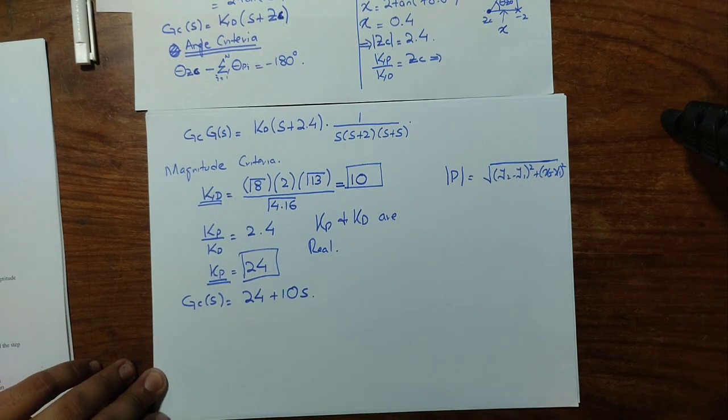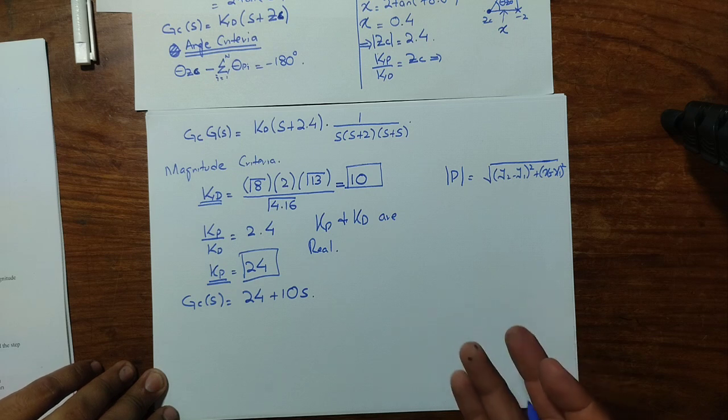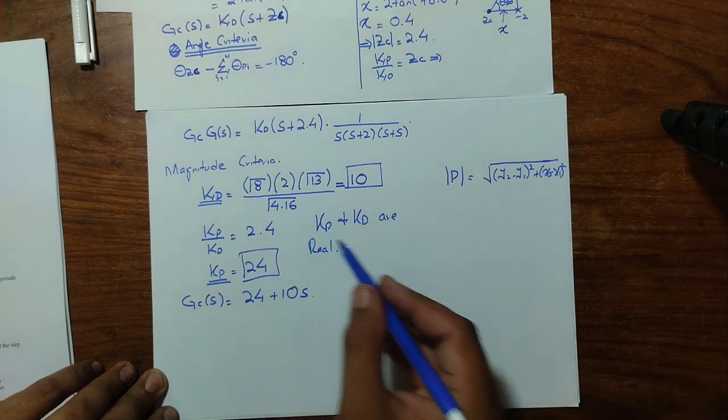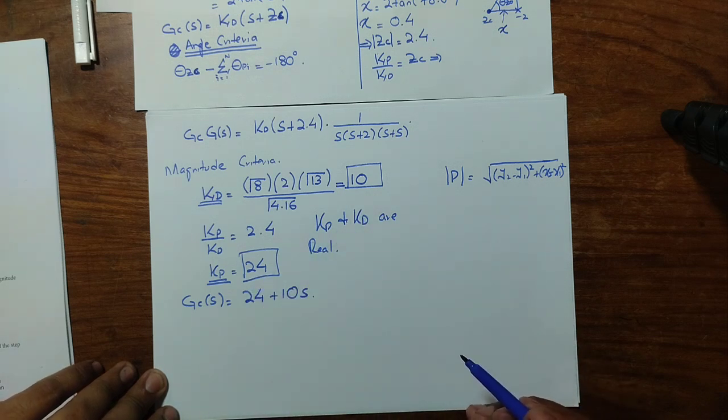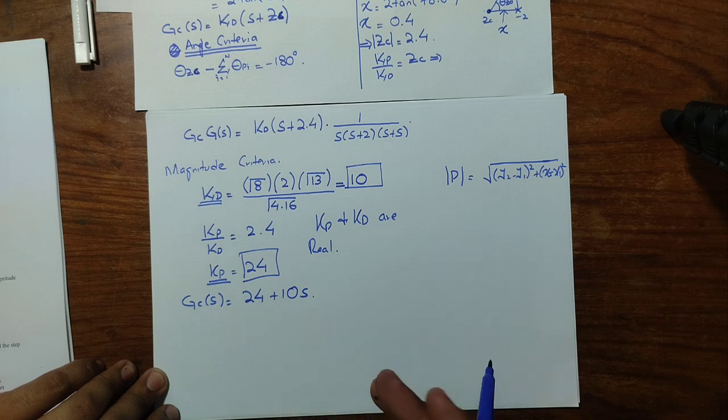If for some reason your gains are not real, then it implies that we have to change the controller. Maybe we have to move towards the PID control theory. In that case, we will introduce a new pole and zero into the system, and that may help us achieve our desired point.